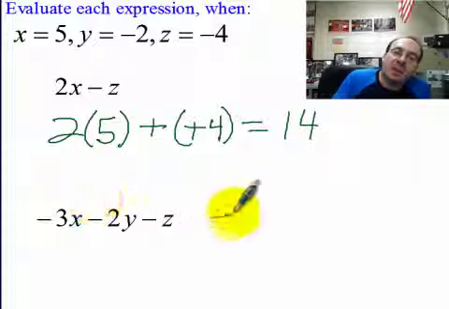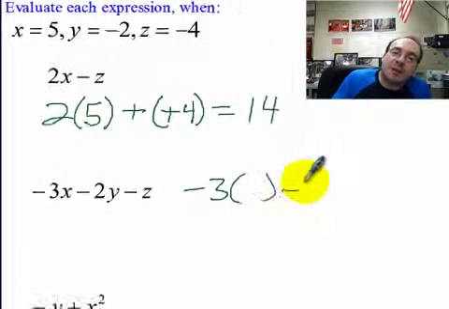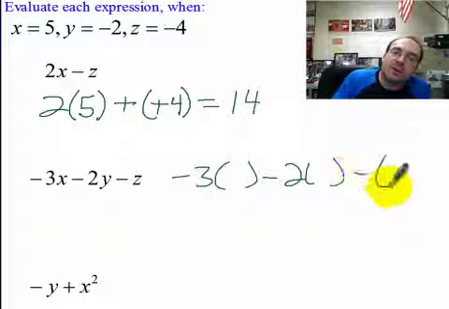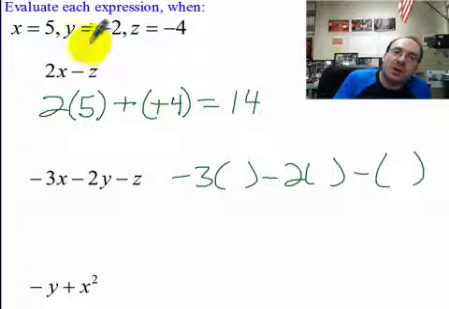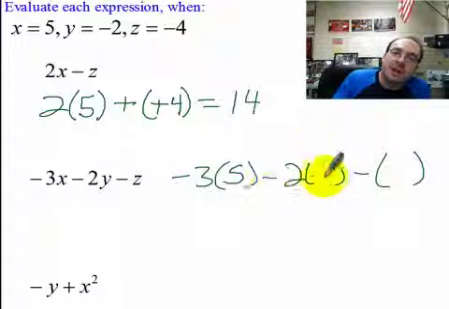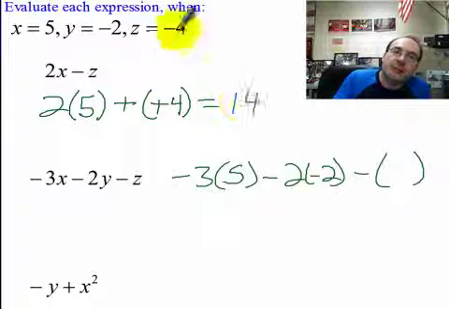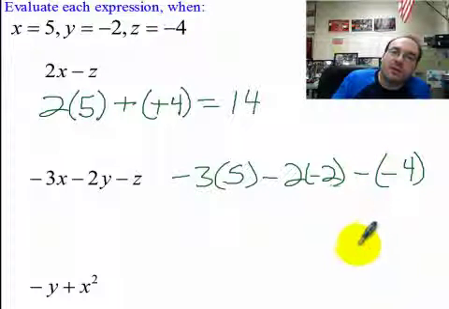And then the second one, I have negative 3, and I just leave parentheses, big old spaces, where I had numbers. And I'm going to plug in a 5 for the x, and a negative 2 for the y. And I'm going to plug in a negative 4 for the z.